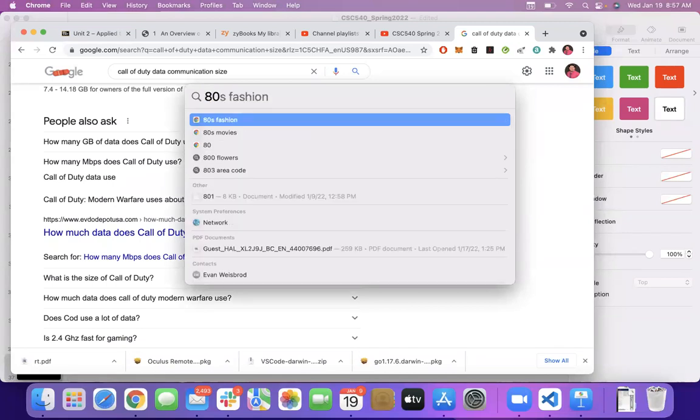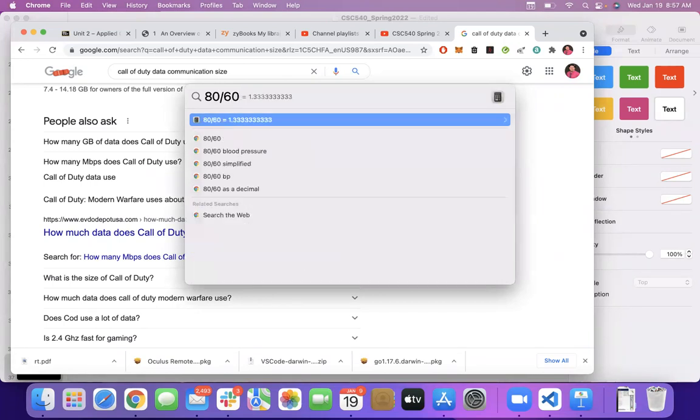So let's see if we can kind of do the math on that. So we have 80 divided by 60, so that gives us per minute. So that's 1.33 megabits per minute. Now let's divide that by 8. So that's 0.16 megabytes per minute.